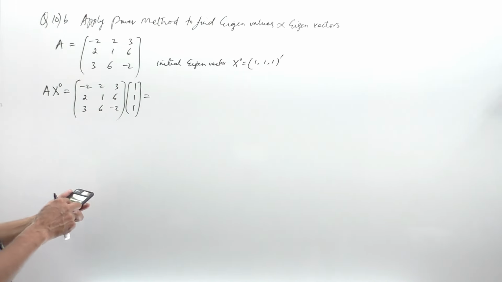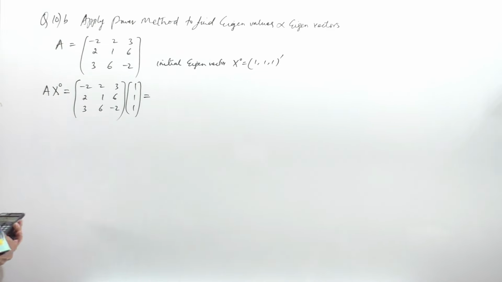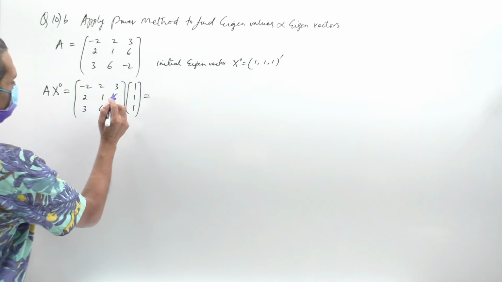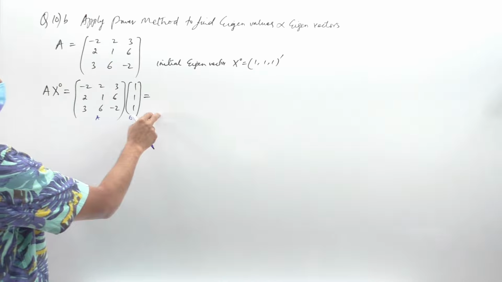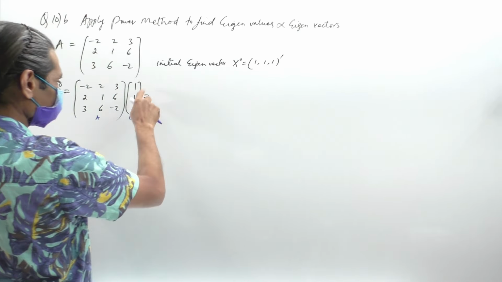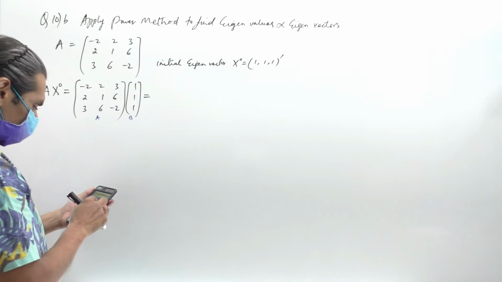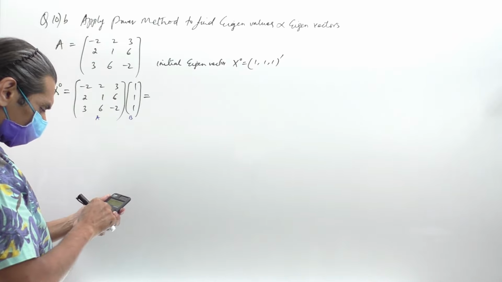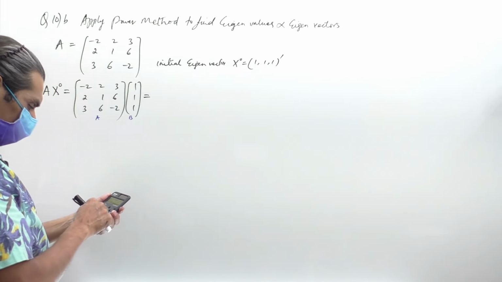Then again go to tools. We need matrix B now. So I am taking this as matrix A and this as matrix B. This is the initial eigenvector, 1, 1, 1 transpose; when I remove the transpose, it stands like this. Now I have to set the matrix: rows are 3 and the column is 1. Confirm.